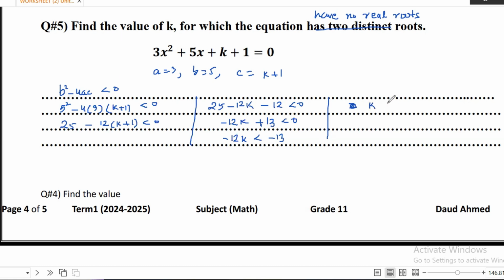We can say that k greater than 13 over 12. Remember, in an inequality, when we remove the minus from both sides, the symbol less than changes into greater than. So you multiply both sides by minus 1, then this becomes greater than. So then you will get the answer k greater than 13 over 12.